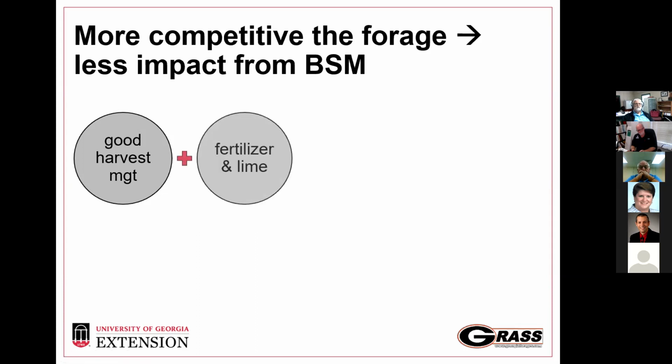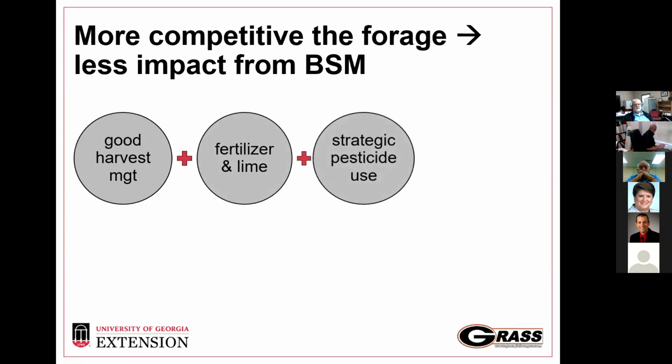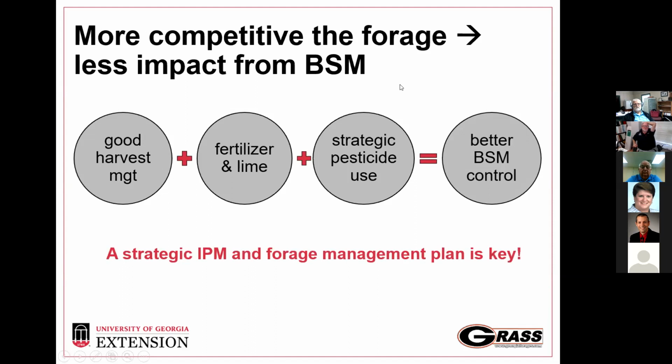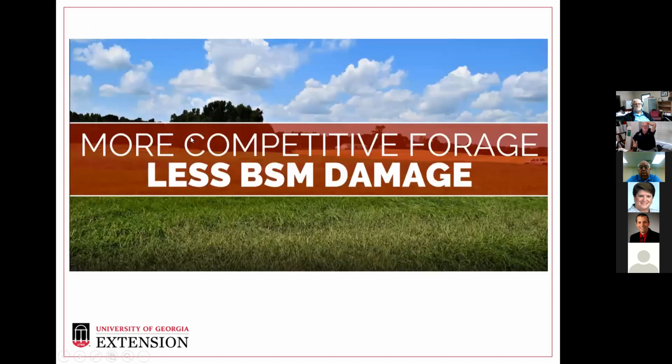So good harvest management, good fertility, strategic use of pesticides, meaning only when it's economically possible or profitable, leads to better control of the pest. So a strategic integrated pest management and forage management plan is key. More competitive forage, less potential Bermudagrass stem maggot damage.